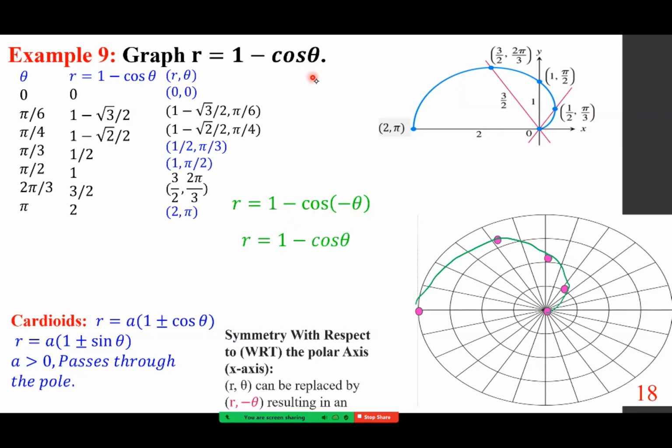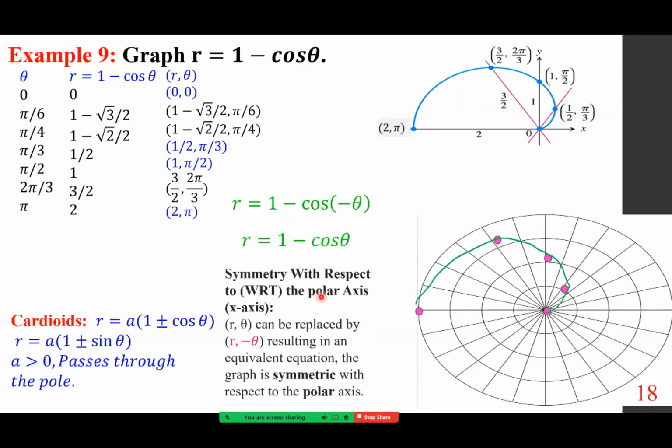And so it's symmetric with respect to the polar axis, the x-axis in essence. So this is the other half. R, theta can be replaced by r, minus theta, resulting in an equivalent equation. The graph is symmetric with respect to the polar axis.